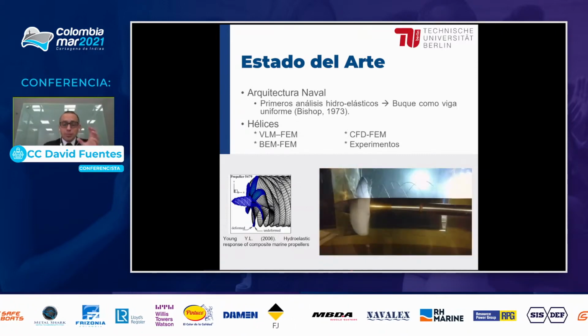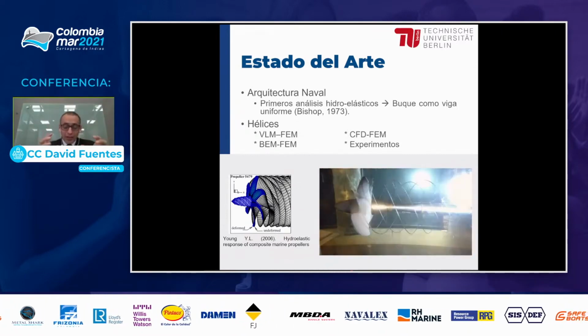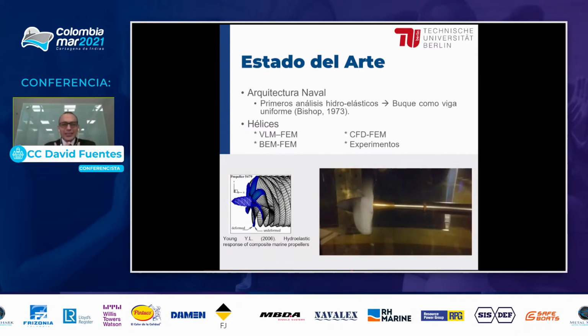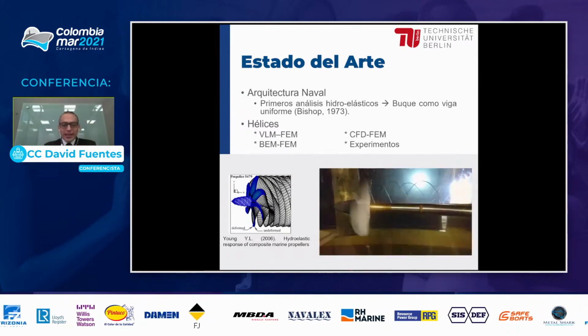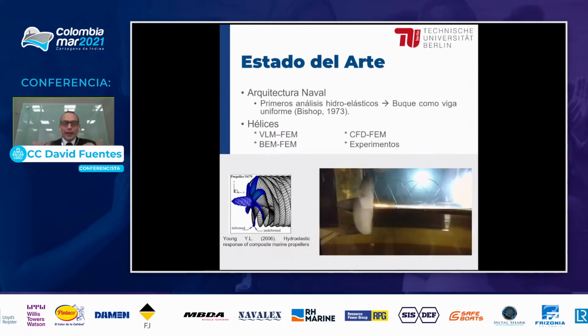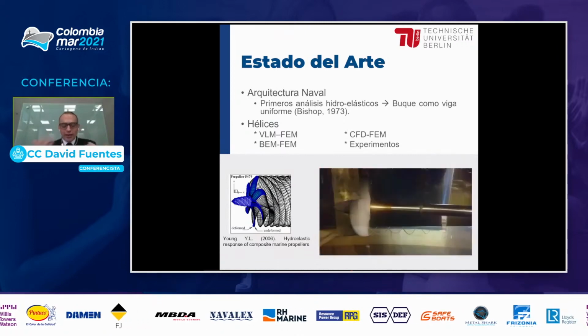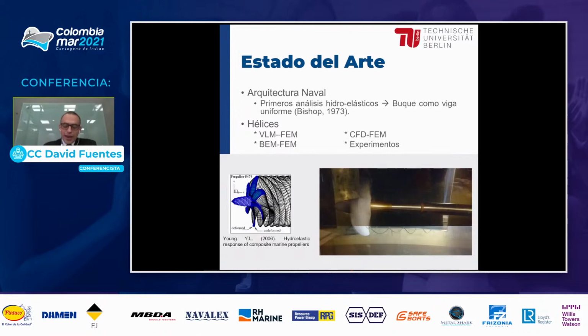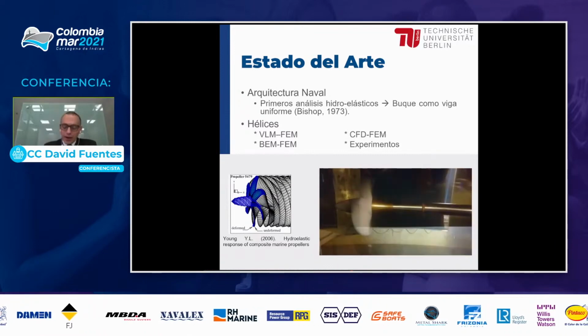In 2012, there was an integration of all these topics to carry out optimization of a rigid propeller and compare how the vibration behaves when faced with different configurations.